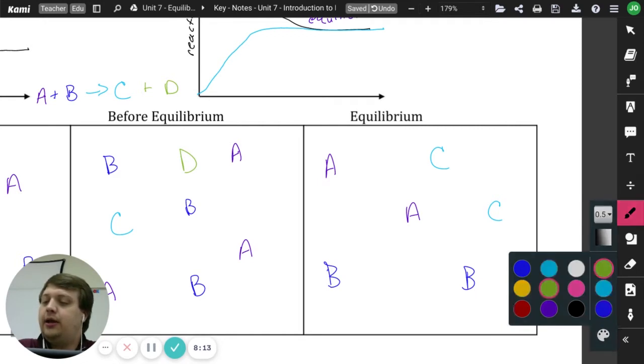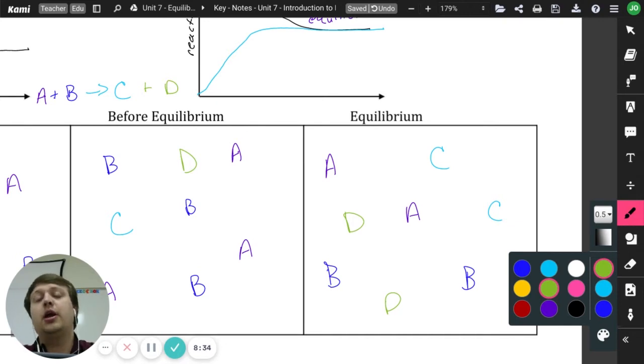And my product D would be 2 of those. And so what we would see is that when we reach equilibrium, the concentrations of the products are going to increase and the concentrations of the reactants are going to decrease. Now, eventually we're going to reach that equilibrium.